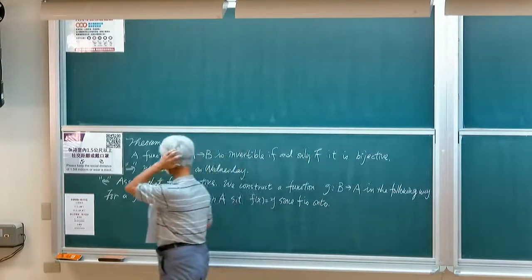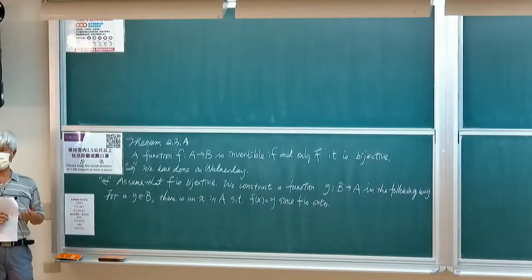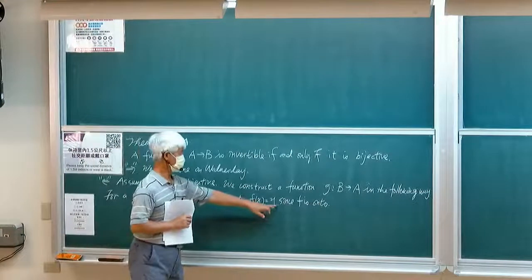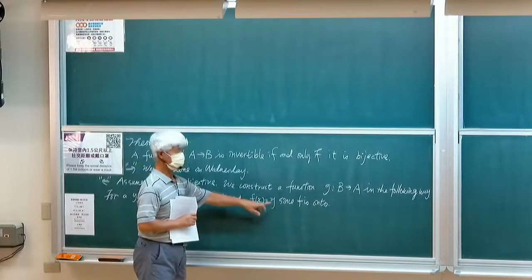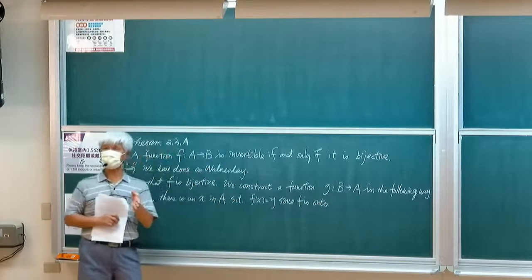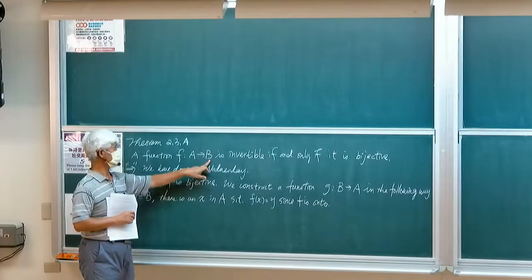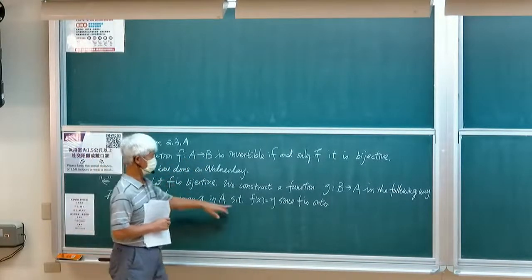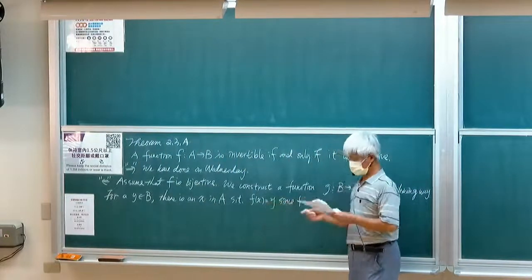Because f is bijective means that it is injective as well as surjective. Surjective means onto, right? So every element in the codomain is an image of an element in A, so that we can find an x such that f of x equals y.